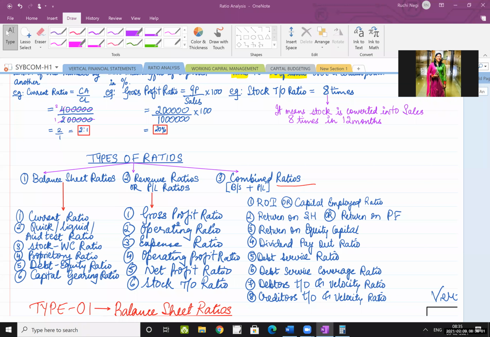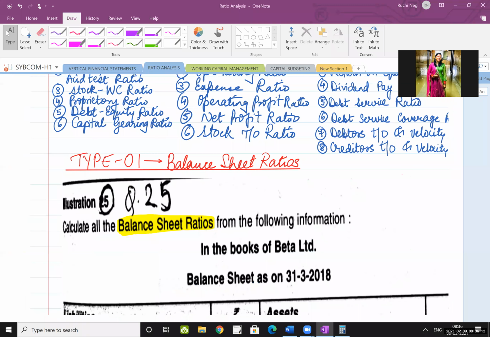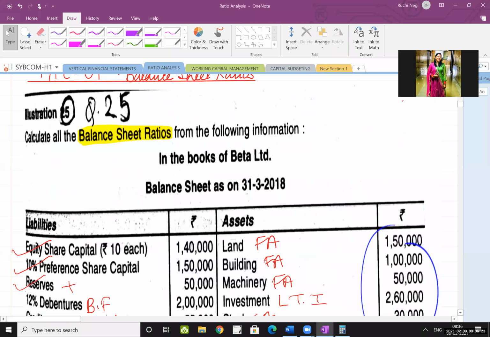So let me proceed further. Come to balance sheet ratios. You will understand the ratios much better when we are doing the theory along with the sums. So this is a question on balance sheet ratio. Now try to figure this out.